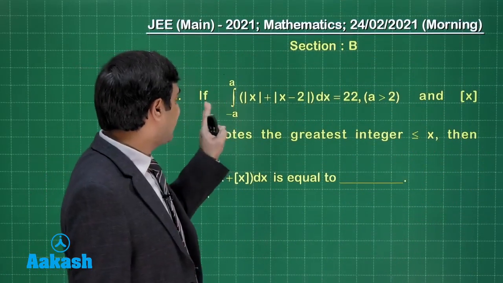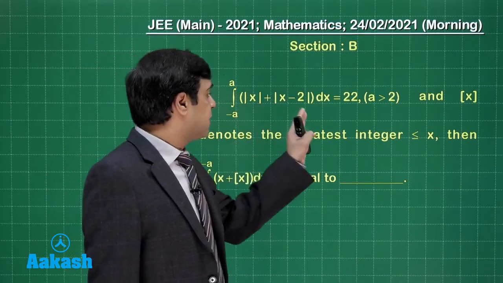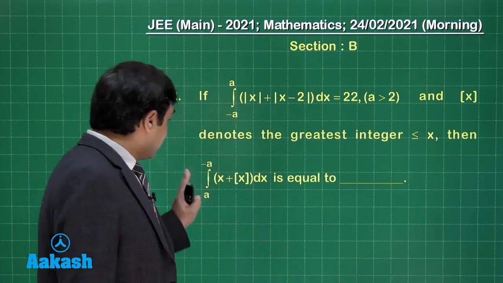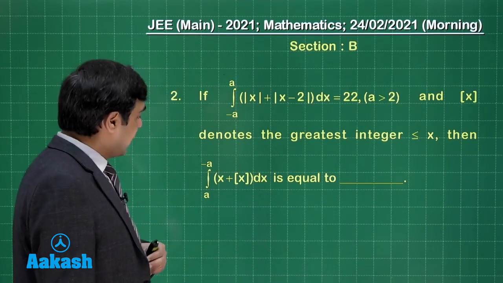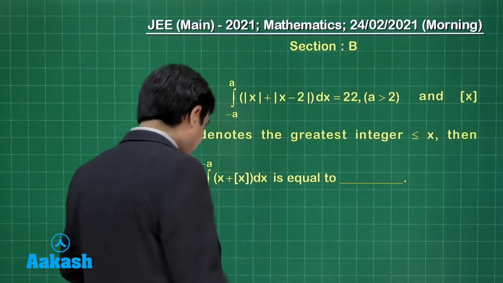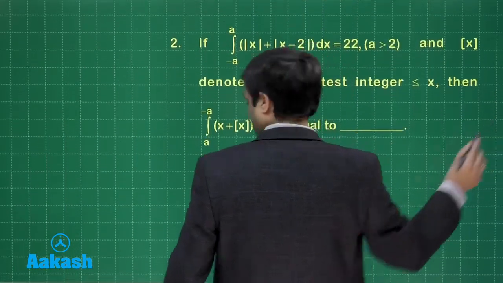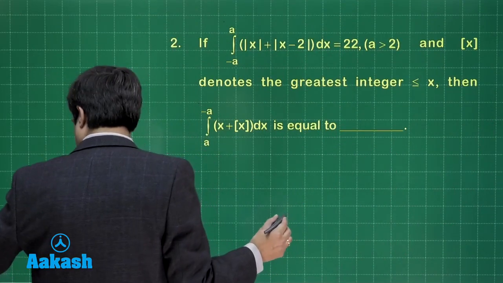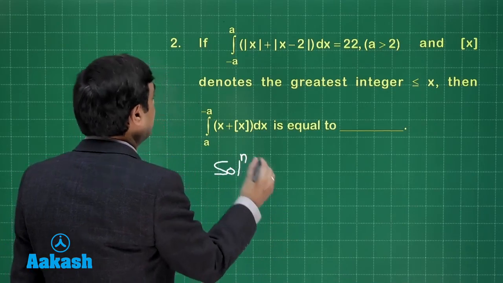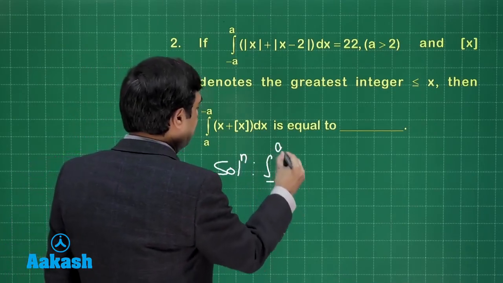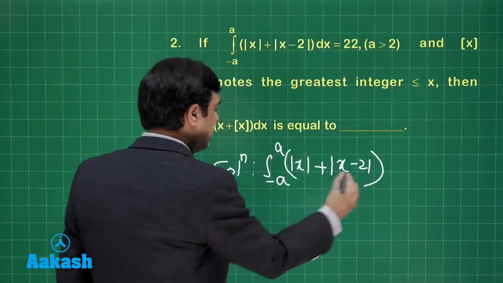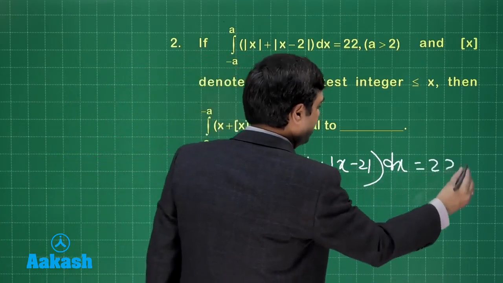If the integral from minus a to a of mod x plus mod of (x minus 2) dx is equal to 22, where a is greater than 2, the question is talking about the integral from a to minus a of x plus greatest integer x dx. So if I consider this one, mod x and mod of x minus 2, let's start writing this term first: integral minus a to a of mod x plus mod of (x minus 2) dx is 22.